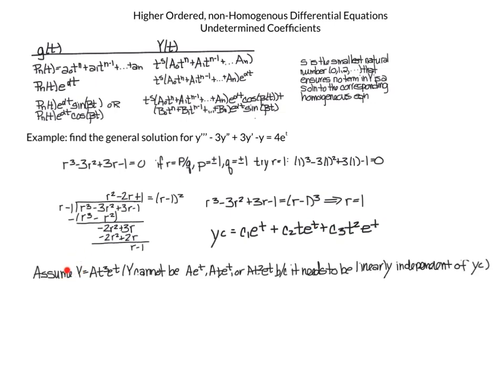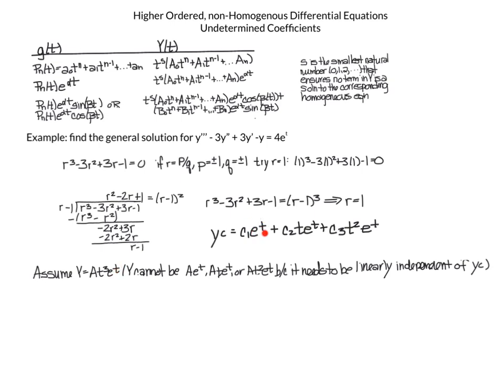When I look at my general solution to the non-homogeneous equation, since my g of t is of the form e to the at, the polynomial, well, it's just a 4, so I'm going to have my constant coefficient a times e to the alpha t, so alpha here is 1, so I have e to the t.